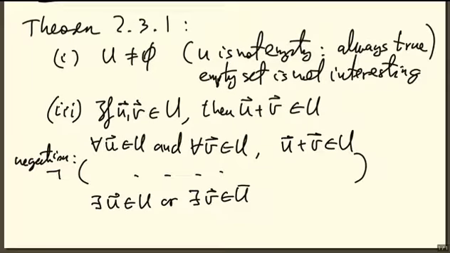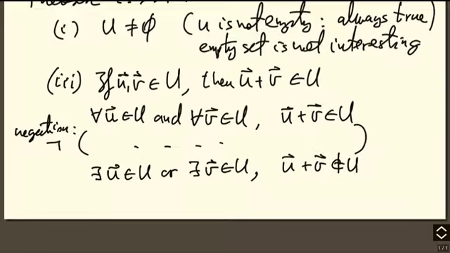That's not supposed to be a vector notation there. Such that u plus v, and the negation of something being in U is that it's not in U. All right, so notice the difference, and let me write this down with words.